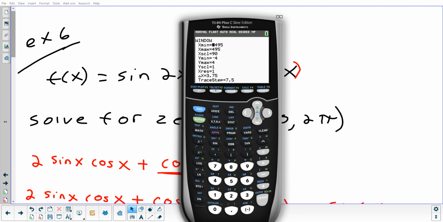That's fine. I'm going to set my window from, I don't know, I'm going to go like negative 50 because I want to see that negative 18. And I'll go up to 360. Let's hit graph. And notice even the speed it's graphing it at, it's taking a while because it's a complicated trig function.